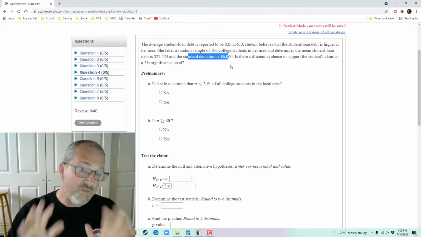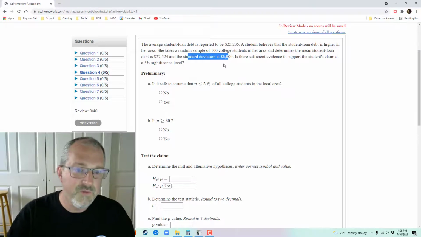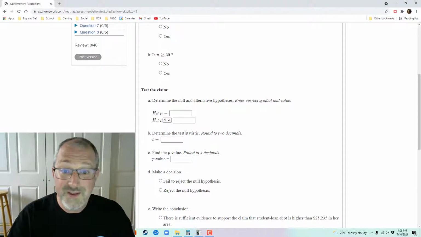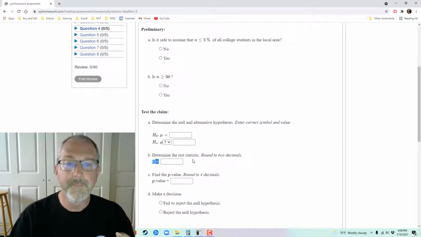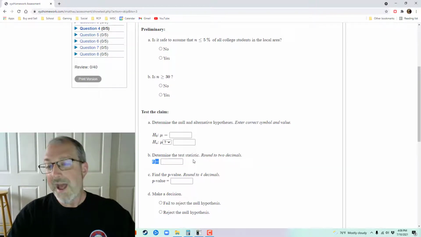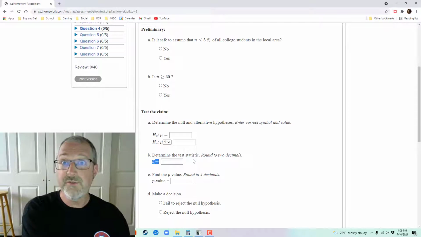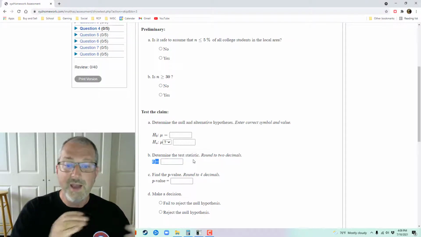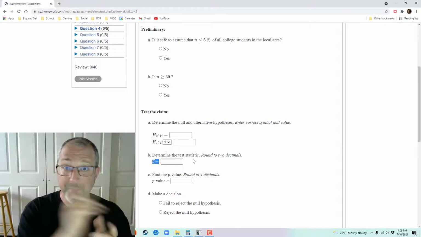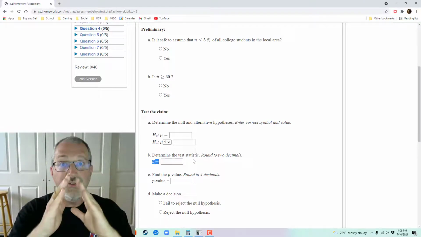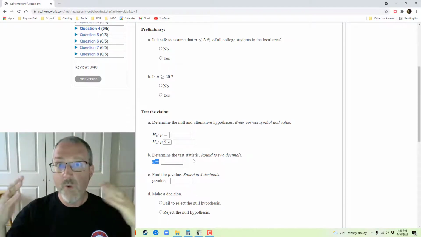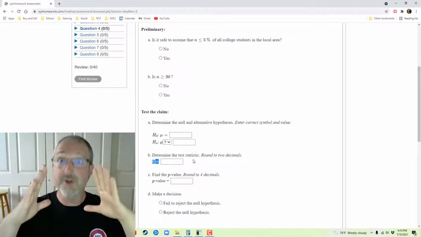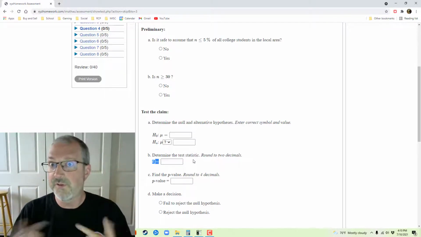So this gets a little bit into the weeds, because when you get to determining the test statistic, you'll notice it says t, which, if you ran this as a z-test, is going to be fine, because as we learned in chapter 8, as the sample size gets bigger, it inflates the normal curve, and we get to a point where the t-curves look like the z-curves, so they're statistically insignificant.